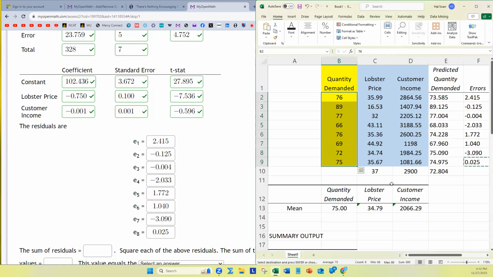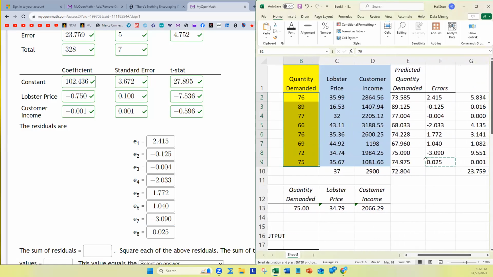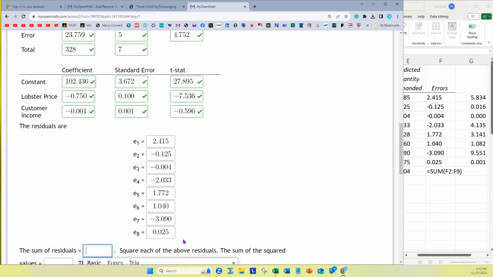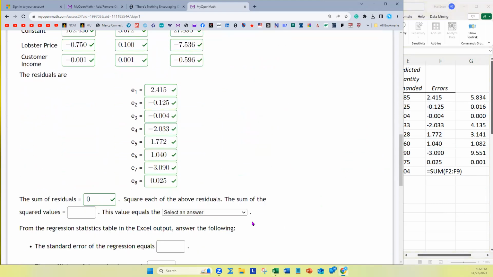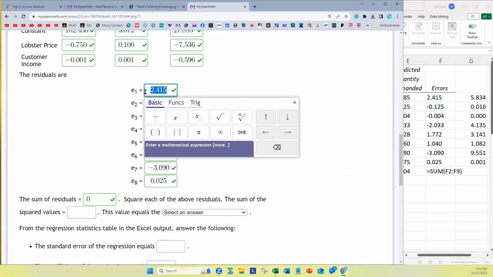The sum of the residuals, the sum of the errors, if you notice the sum of the errors is what? Sum of the errors is 0, which makes sense, right? Because this horrible prediction is offset by this excellent prediction, right?